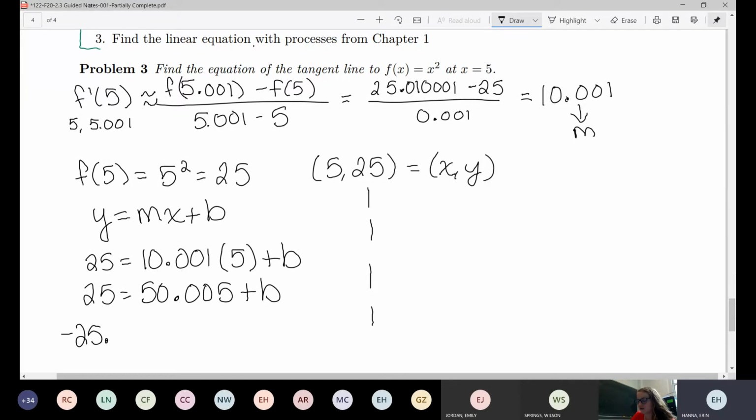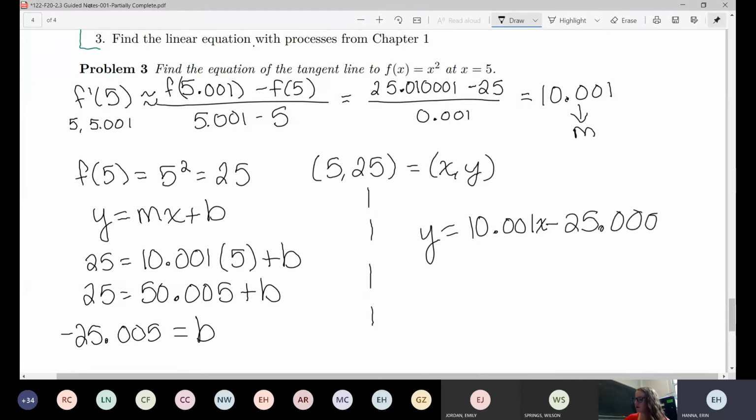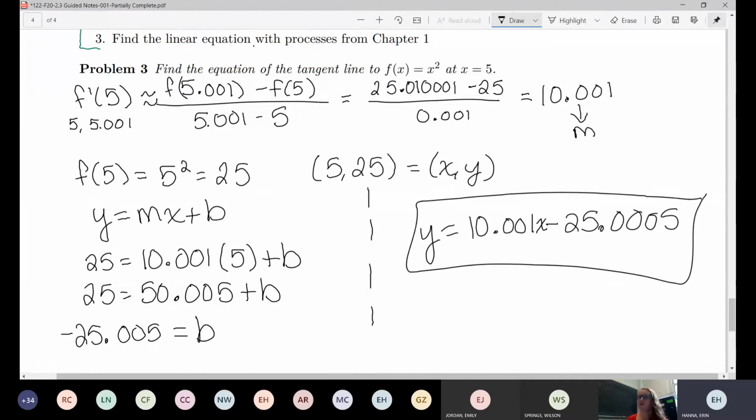You get negative 25.005 is equal to your b value. So then you know that the equation you're looking for is 10.001x minus 25.005. And this would be your equation of your tangent line.